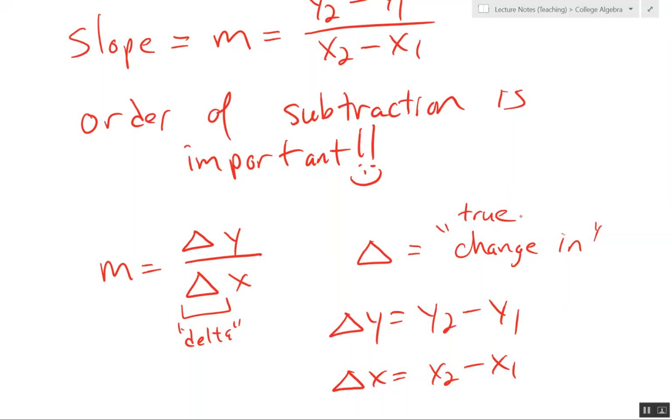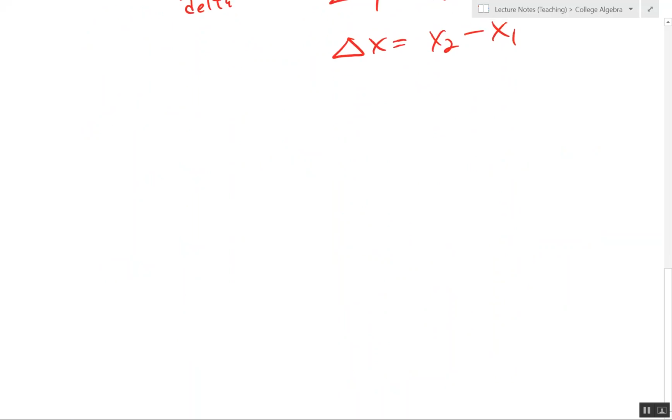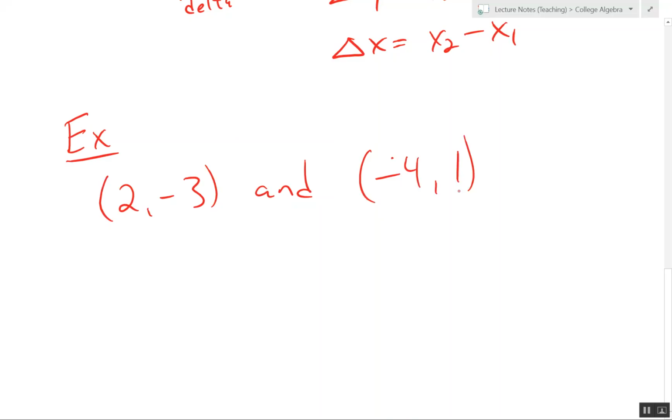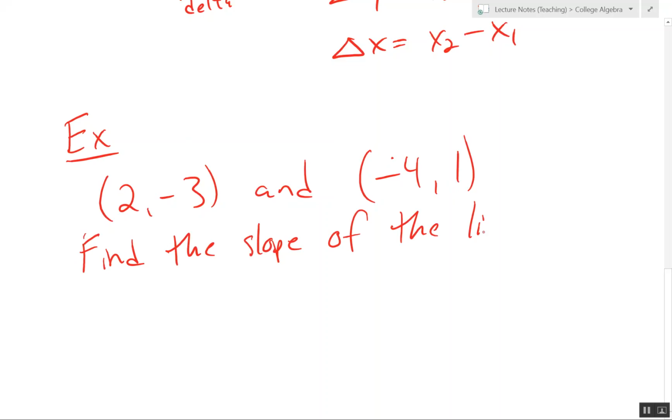So let's calculate a slope, and then I think we will be done with this one. We need 2 points. For example, let's have the point 2, -3, and the point -4, 1. We want to find the slope of the line connecting these 2 points.